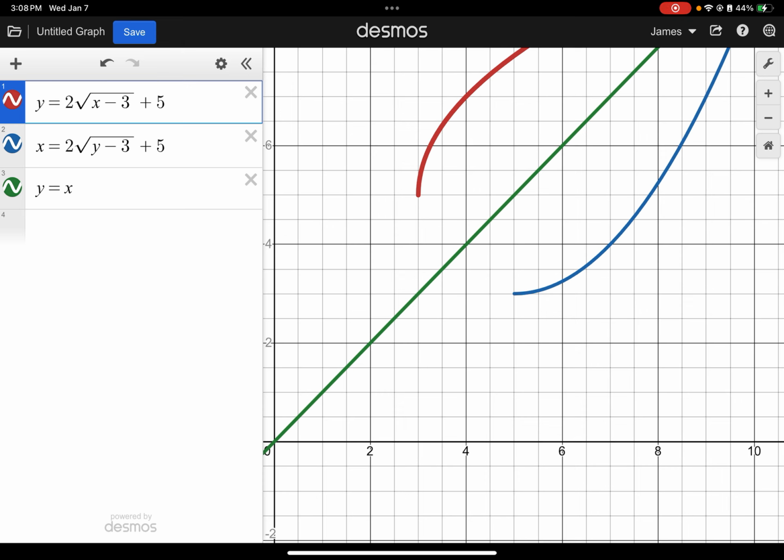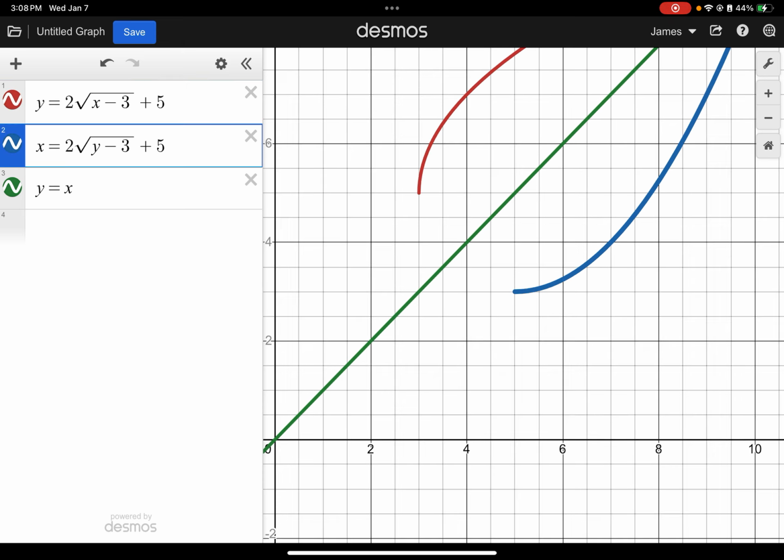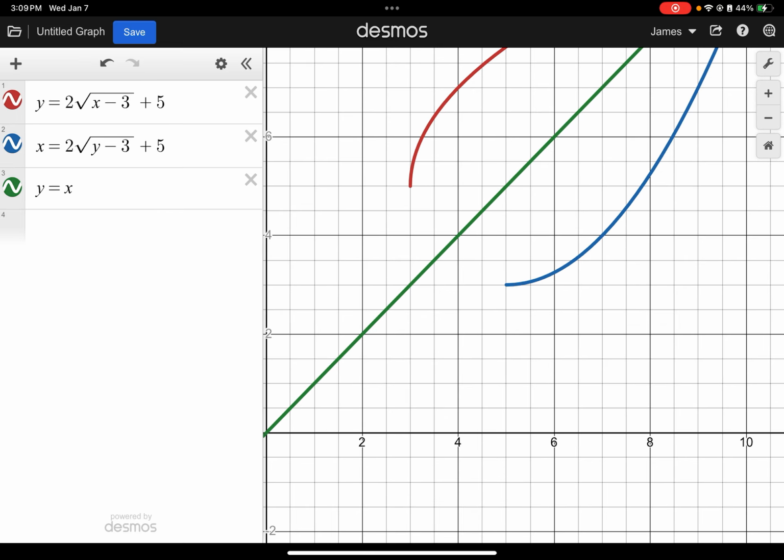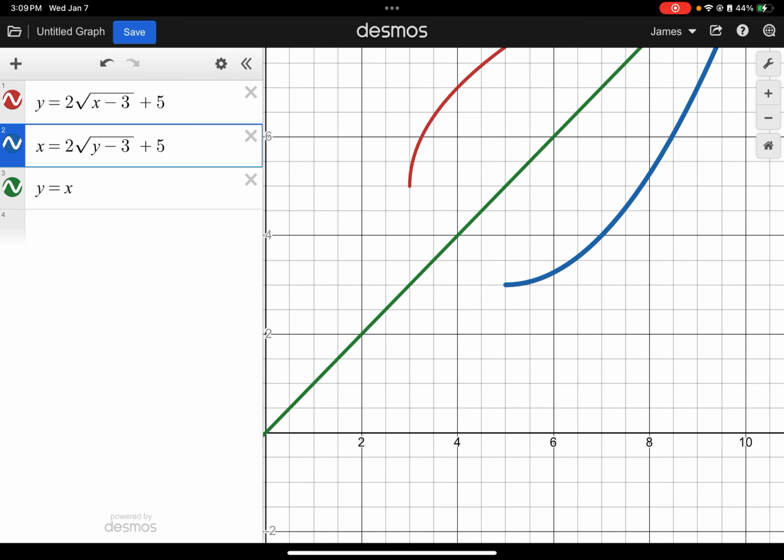Okay. Notice the blue graph, the inverse: the domain starts at x equals 5 and goes to infinity. So it's x is greater than or equal to 5 for the domain of the blue graph, which is just the same as the range of the red graph.